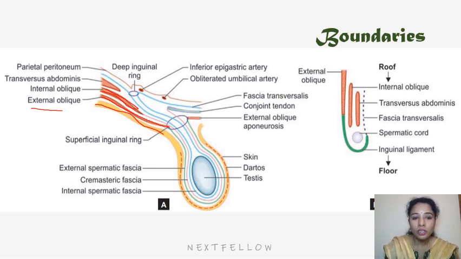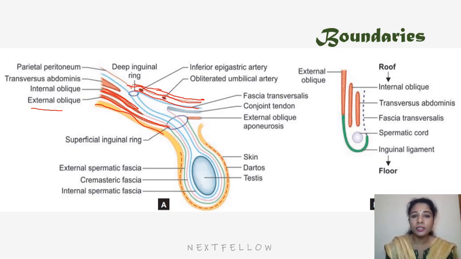The posterior wall on its whole length is formed by the extraperitoneal connective tissue, and beneath it is the parietal peritoneum, which is present on the whole length, and also the fascia transversalis. We can see this blue line till here. So in the whole of the posterior wall, these three structures are present: the fascia transversalis, the extraperitoneal connective tissue and the parietal peritoneum.